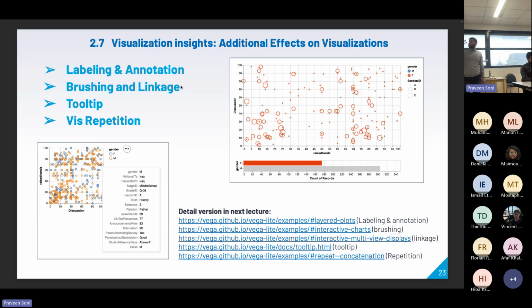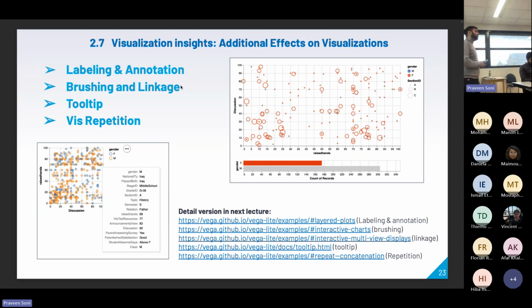I will show you later in the code. If I make this window like this, then I will see the effect on the right side. This is known as brushing. And for linkage, you can see there can be red and blue. When I click on the female, the red one above, I will only see the red part, not the blue one. When I click on the blue bar, I will only see the blue part, meaning male. So this is how both are linked to each other. That's the linkage effect.